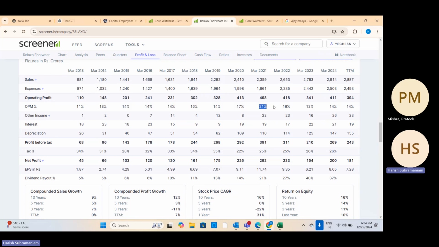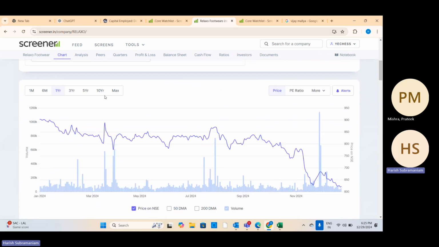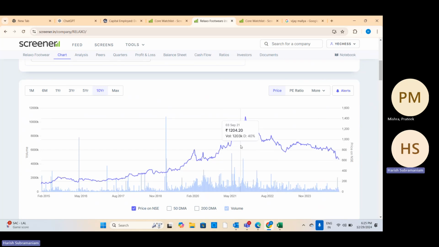It's gone to 21%. And now it's again gone down to 16, 12, 14. It's at about 14%. So let's look at the share price of this company over the last 10 years. So you can see around 2021, this was at its peak. It was quite low. And then it went higher, went to its peak. And then it started coming down.